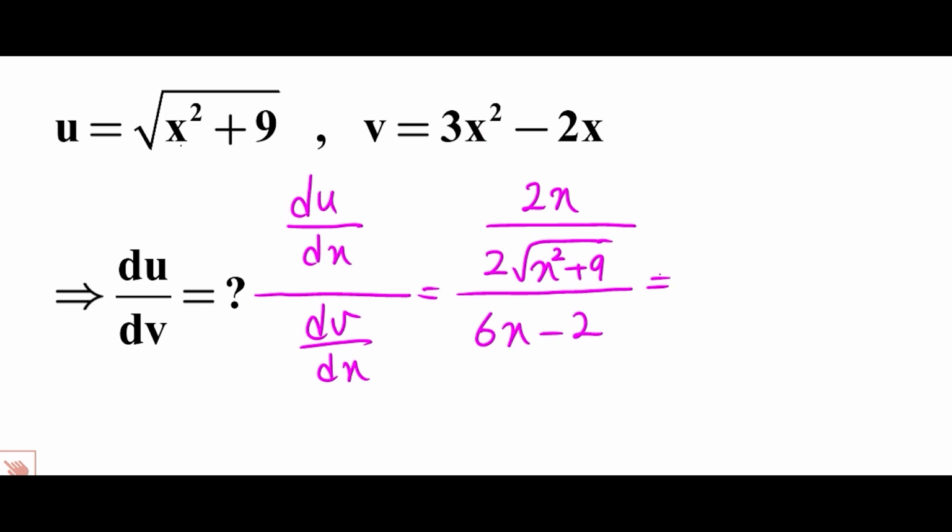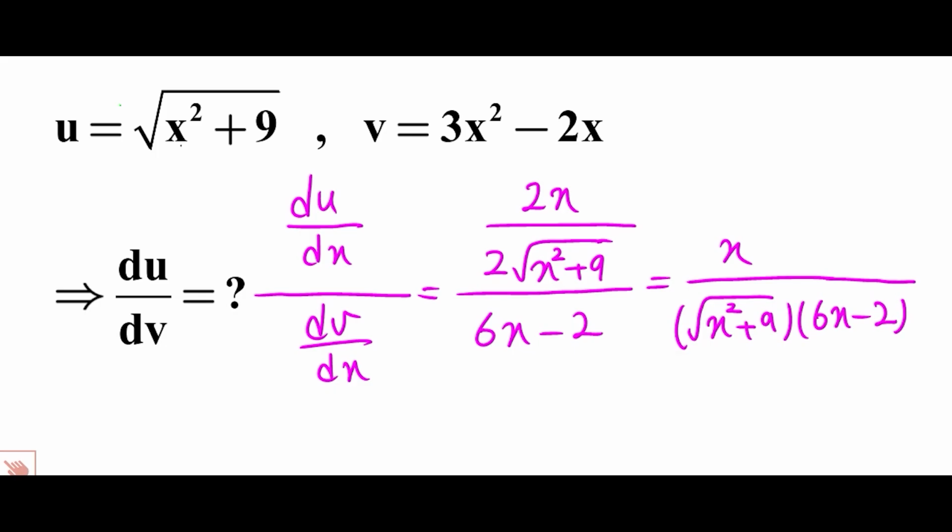So 2 and 2 cancel, and we have the final answer: x over the square root of x squared plus 9 times 6x minus 2.